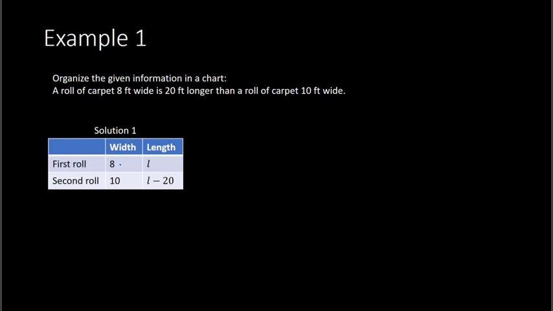Alright, so what we do is we fill in the table with information that is given. So the width for the first roll is 8 feet, and the width of the second roll is 10 feet. And then the length is unknown. Alright, we know that the second roll is 20 feet longer.